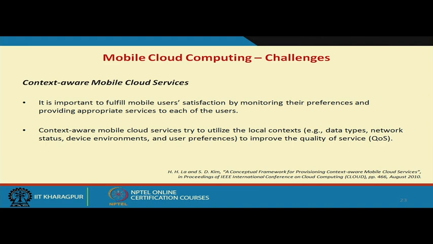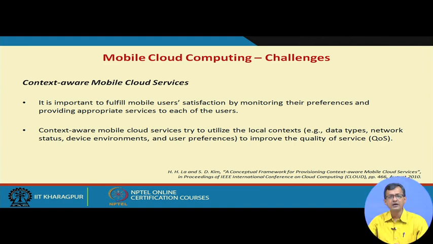So, in mobile cloud computing, there are other challenges like context aware mobile cloud services, right. There is a lot of research going on in context aware services for mobile users. It is important to fulfill mobile user satisfaction by monitoring their preferences and providing appropriate services to each of the users, right. Different users, after all they are human beings, have different ways of looking at things.